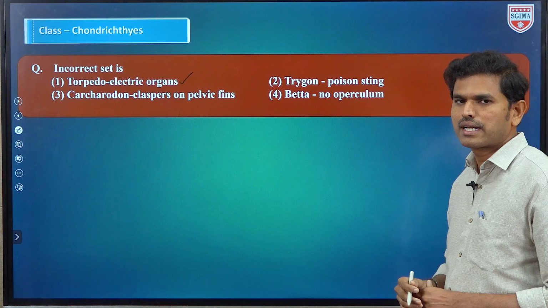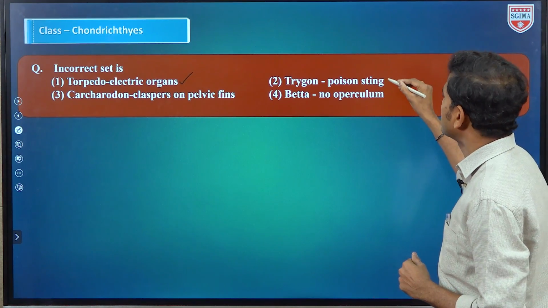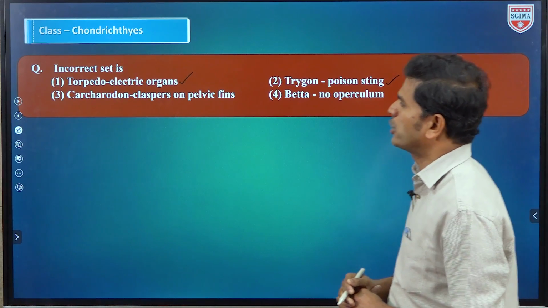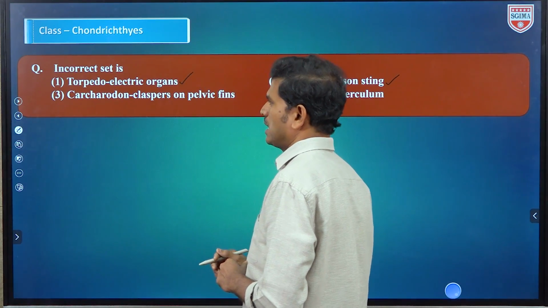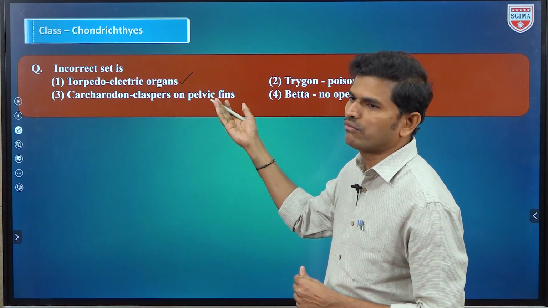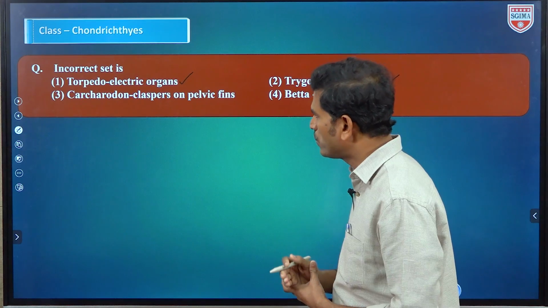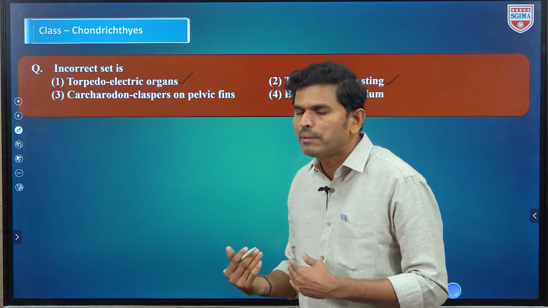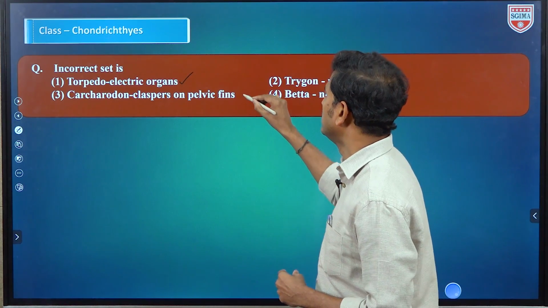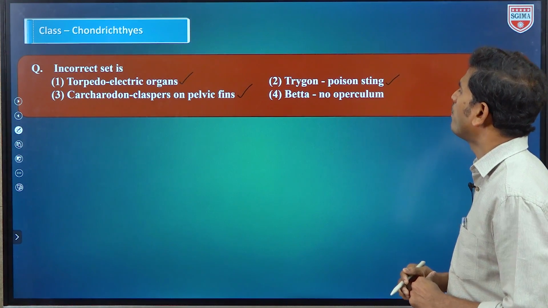We just saw that trygon contains a poisonous sting at the base, so this is also correct. Next, Carcharodon, claspers on pelvis. Carcharodon is the great white shark, and it contains claspers at the base of pelvic fins. This is also correct.